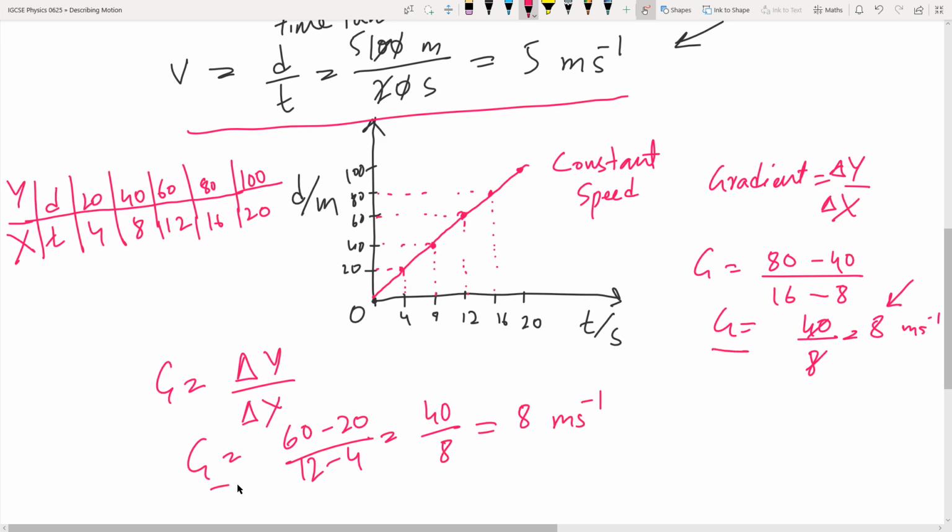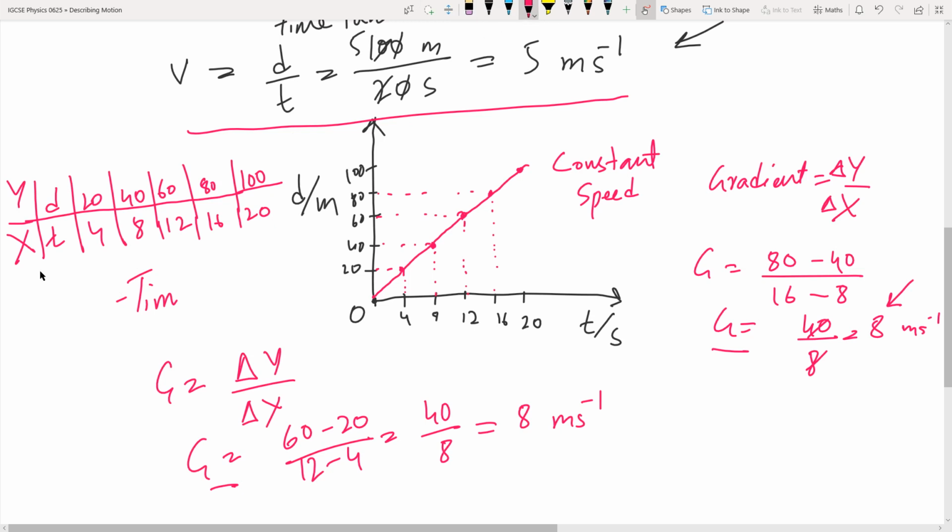Since the gradient is not changing, we can say that the value is constant. So this is what we call a distance time graph.